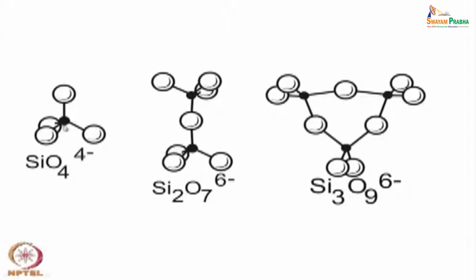So, this is an isolated silicon oxygen tetrahedron, here 2 of them have combined together, and here 3 of them have been combined. This is one silicon, this is another silicon, forming a ring. These oxygens of course are still unsatisfied in their charges, and therefore it has a net negative charge, Si3O9. So, there are 1 silicon, 2 silicon and 3 silicon. These are the repeating groups one can have in different silicate structures.